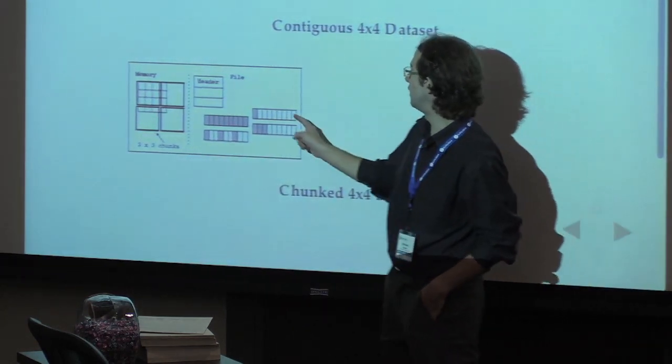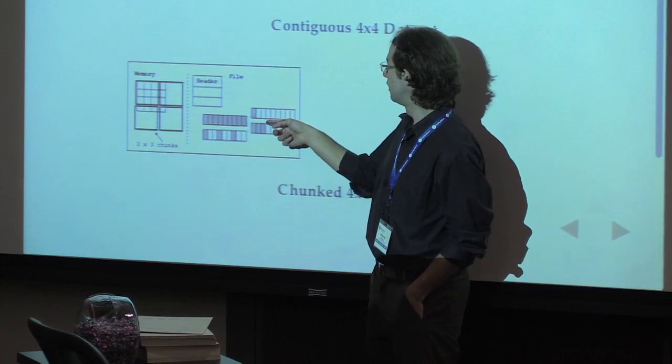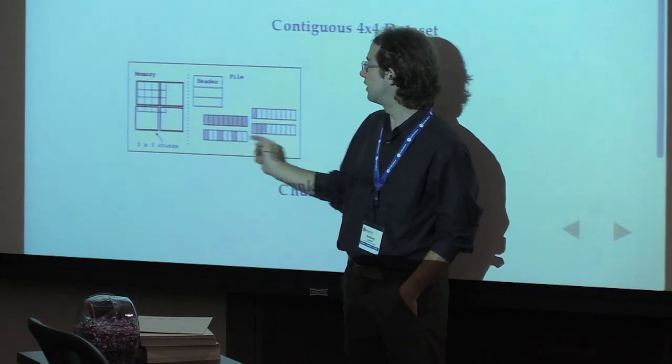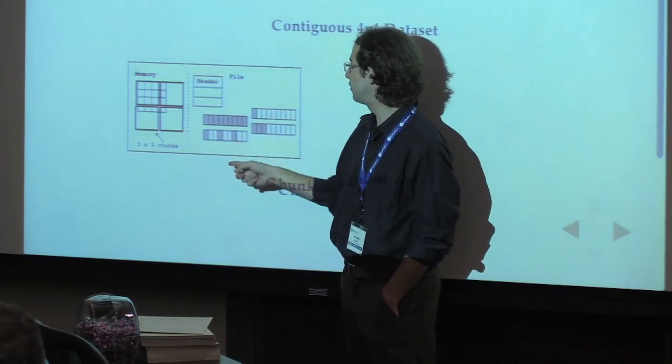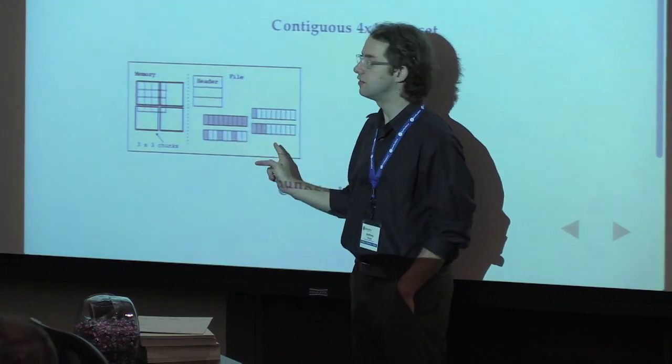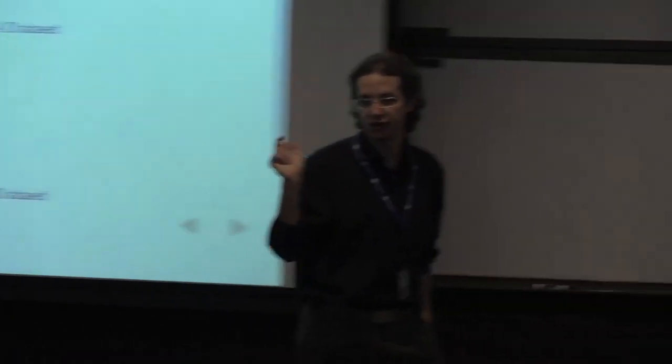So on the file, you would end up with 4 chunks. You store a 4 by 4 array with a 3 by 3 chunk size, only some of whose indices are actually valid at any time. Does that make sense? Okay, cool.